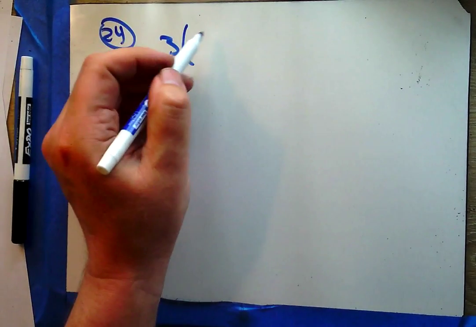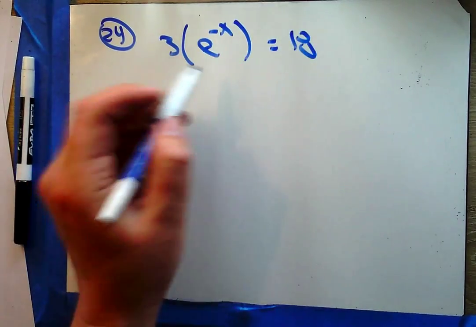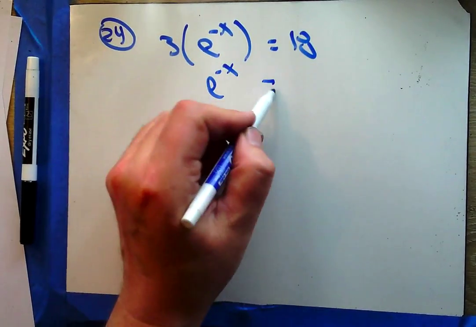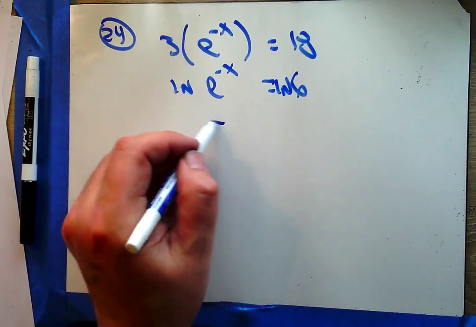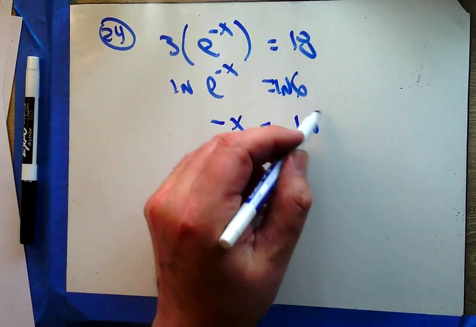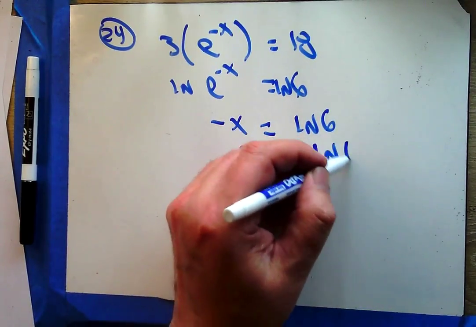24. 24 says 3 times e to the negative x equals 18, or e to the negative x equals 6. When we take the ln of both sides, we get negative x equals ln of 6, so x must be negative ln of 6.